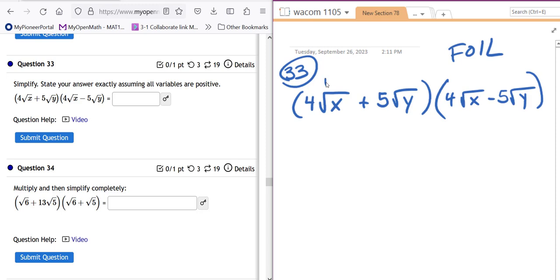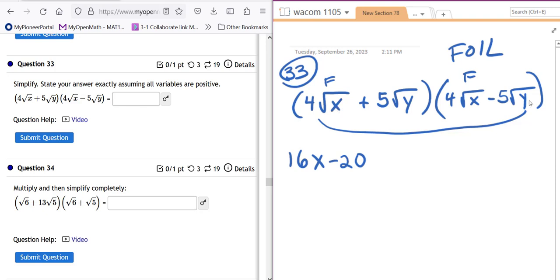On your first terms, you're going to do 4 times 4 is 16. When you do square root of x times square root of x, it removes the radical and leaves you a plain x. Right, then we're going outside. So numbers outside multiply, minus 20. Right, this time you're not doing the same radical.